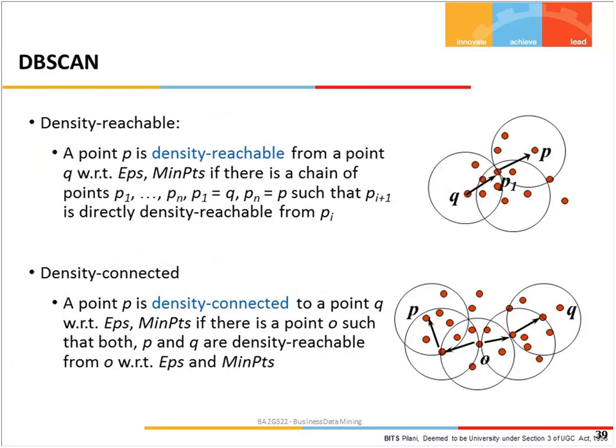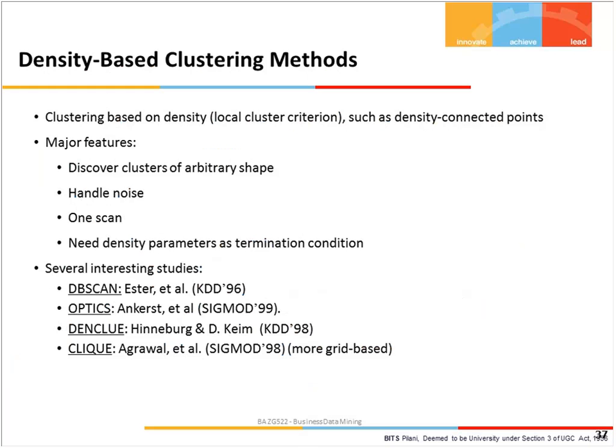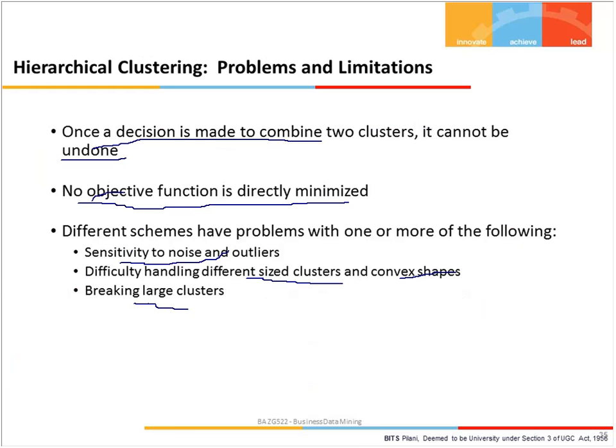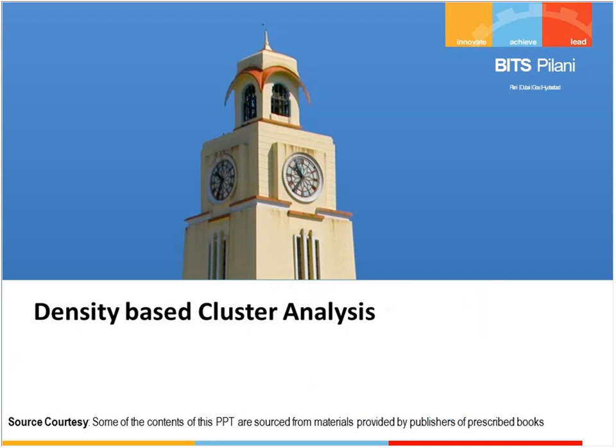Okay, so now we will start density-based clustering. We will not go into great detail, but we will look at it to give you an idea. This is also a partitional clustering.